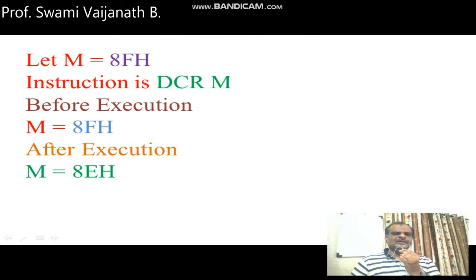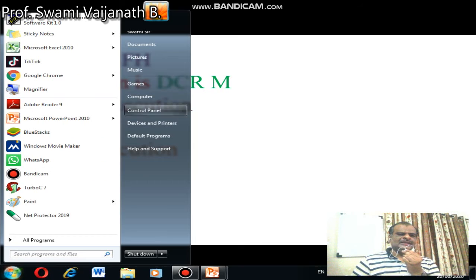See the example. I take the value of M as 8FH. Before execution, the value of M is 8FH, and when I execute the instruction DCR M, the value of M is 8EH. How is it? See practically.